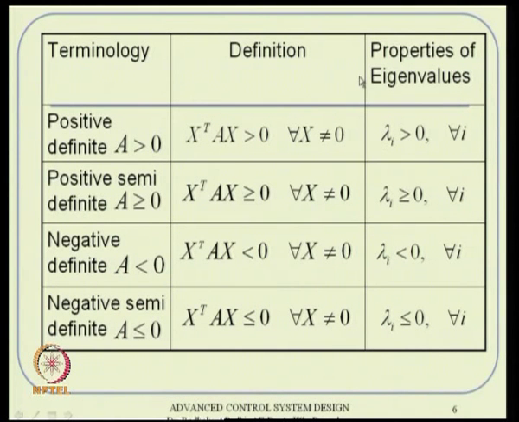But sometimes they are also taken as definitions, because these are if-and-only-if results, not one-sided results. If this happens, that is going to happen, and if that happens, this is also going to happen. So, sometimes the properties of eigenvalues and the definition are interchanged, but strictly speaking these are the definition and these are the properties of those matrices. So, just remember that.